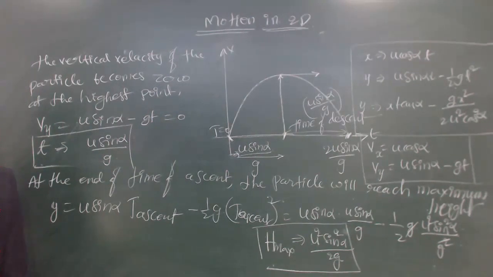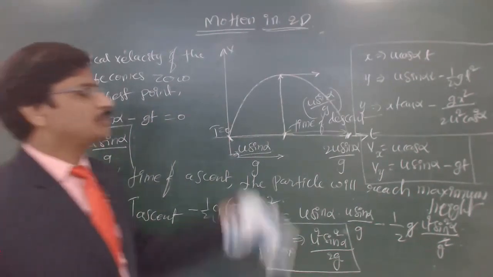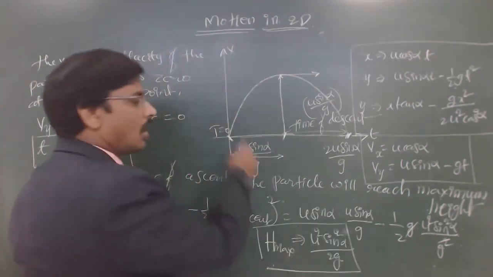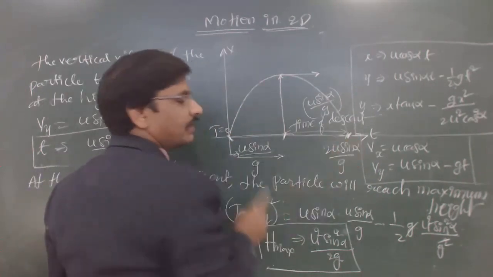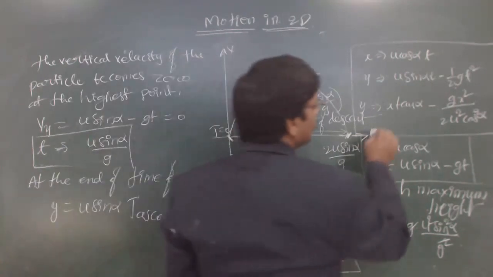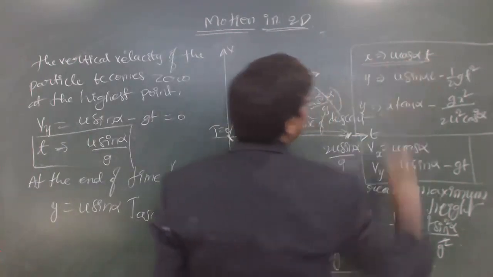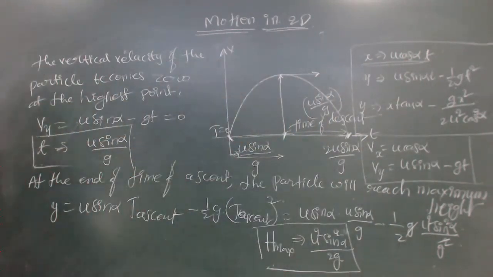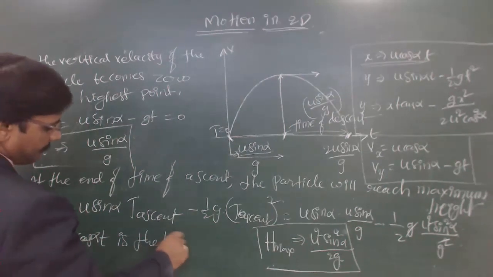Got it? And similarly, the maximum range can be calculated, the horizontal distance for the total time of flight. So horizontal distance is given by this equation. x is equal to u cos alpha into t, which is the horizontal distance.